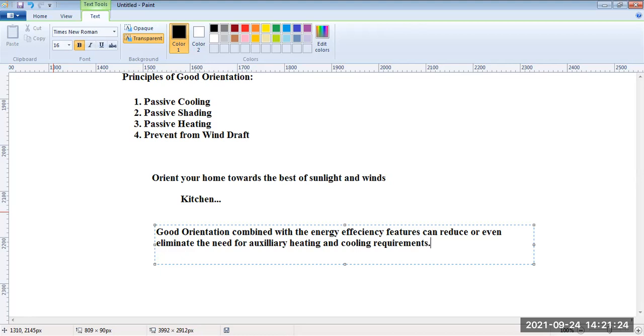So we had to take into account both summer and winter months and consider the sun's path as well as its direction. We have to consider the sun's path and direction and types of winds, which is cool breezes. So good orientation would help in eliminating all the auxiliary heating, cooling, energy requirements.